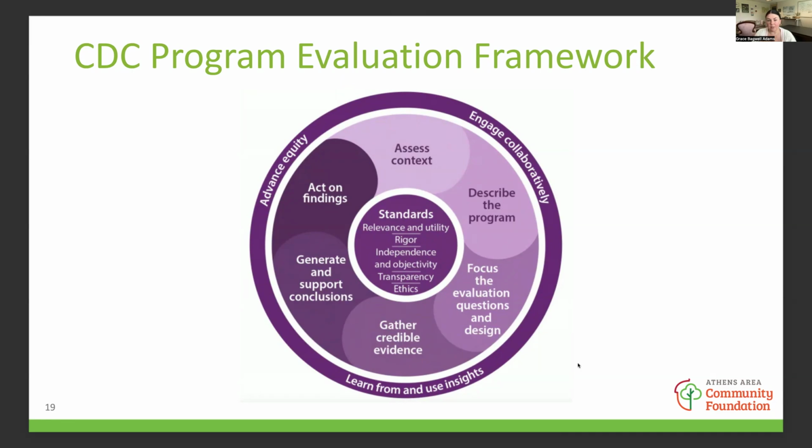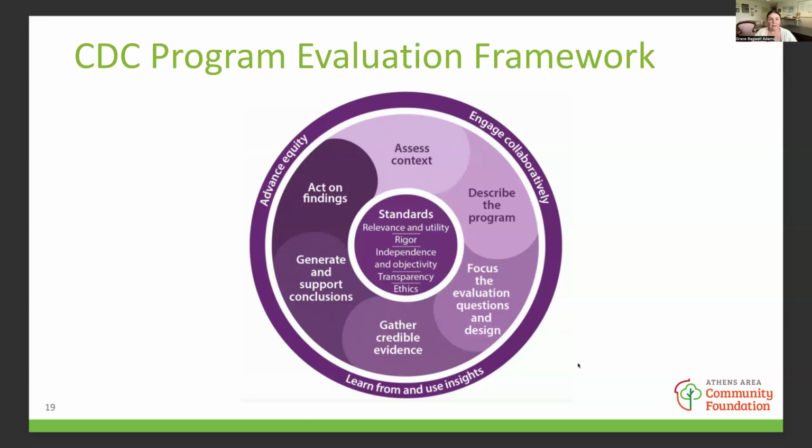Okay, is it fair? Does it advance fairness and well-being among all? And then at the bottom, did we learn from and use our insights? So you can do the most beautiful evaluation in the world, but if you don't actually learn from your findings and put those findings and that new understanding to use, then it doesn't really do a whole lot for you.